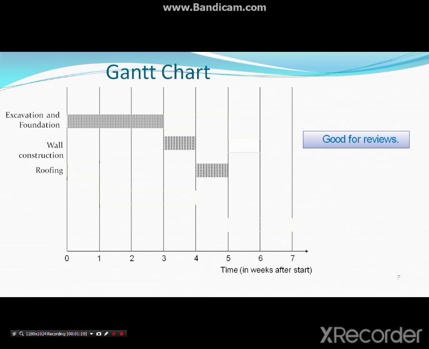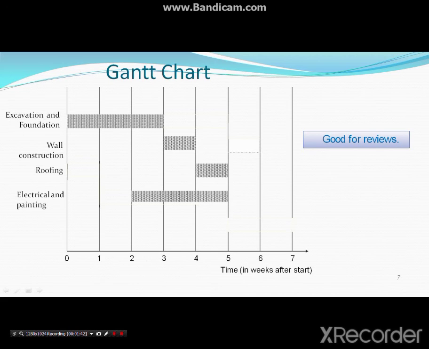Roofing. After roofing, what we can do is electrical and painting. But electrical and painting can start after 2 months also, during the excavation process also. Electric fitting, we can purchase electrical appliances and electrical wires, and painting. And in the fourth month only we can do painting and electrical activities.